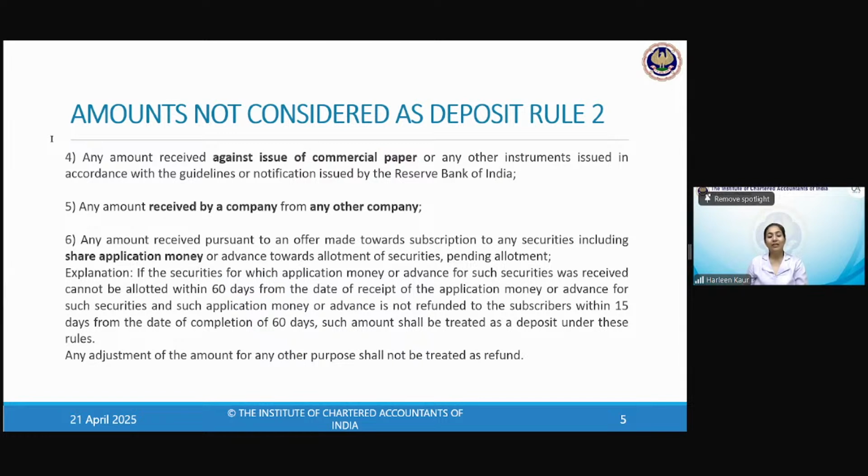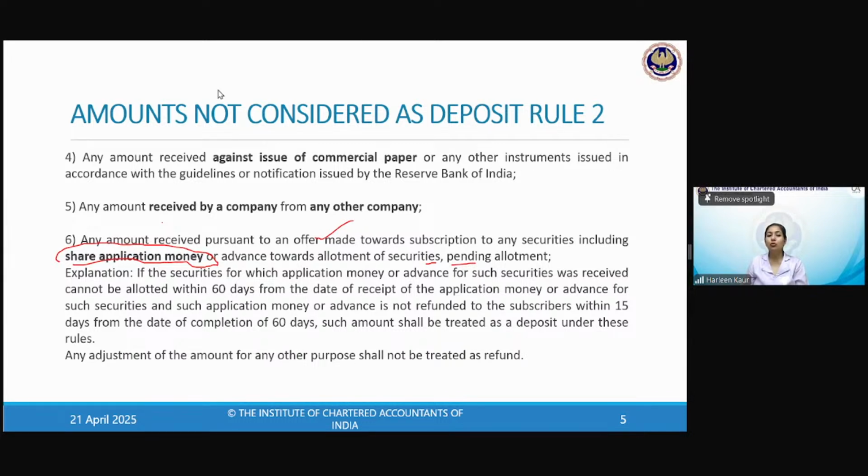Now, very, very interesting point. Amount received by an offer made towards subscription to any securities, including share application money or advance towards allotment of securities, pending allotment. Now, what is this share application money? Any amount which I am receiving pursuant to the offer made.